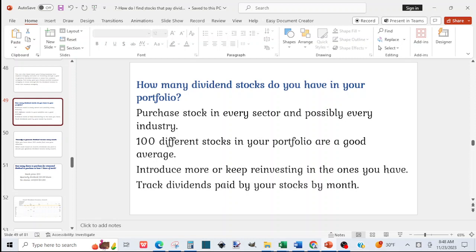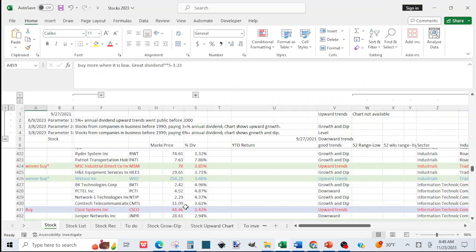And another thing that can help you when you are looking to have a good amount of stock in your portfolio is when you look at the dividend, you should be tracking the dividend income you are making.